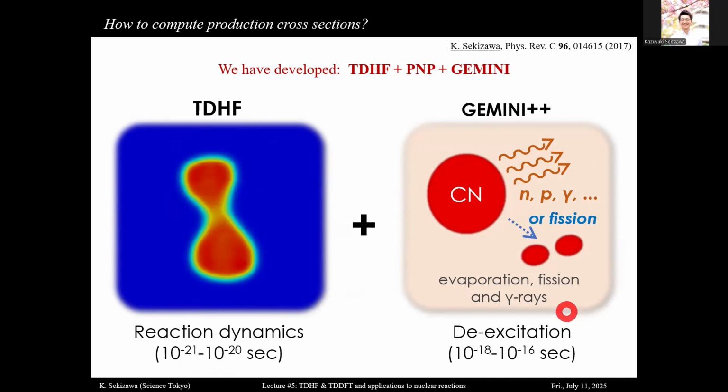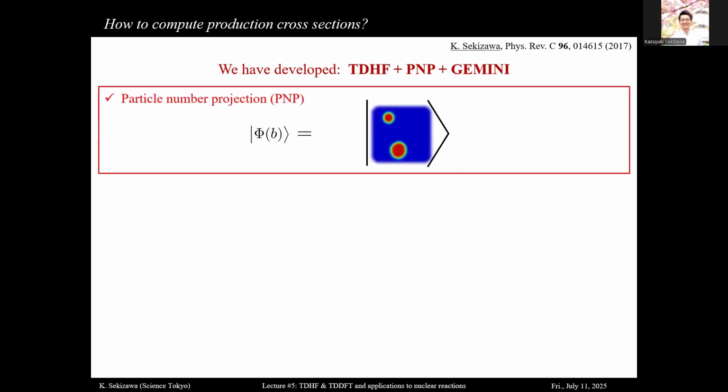To describe this kind of process, one can use a different theory, because these are distinct processes which can be nicely explained by a statistical model. The time scale is quite different, occurring at 10 to the minus 18 or 10 to the minus 16 seconds. So we can use a different model of particle decay with a statistical model, combine those two, and compare with experimental data.